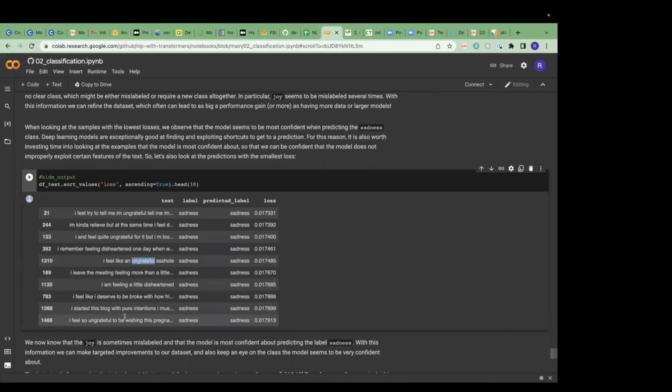There's not really a standard flow chart of dealing with this information. But you want to look at the confidently wrong examples and the confidently correct examples, just to make sure that your model is doing what it should be doing and not memorizing sentences, let's say.